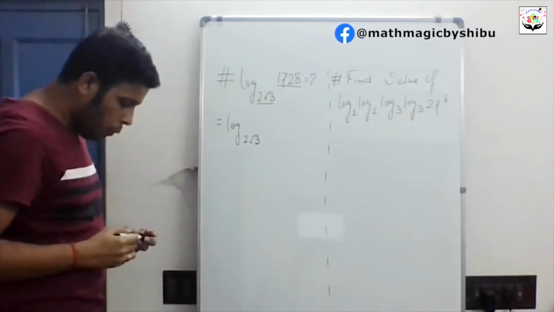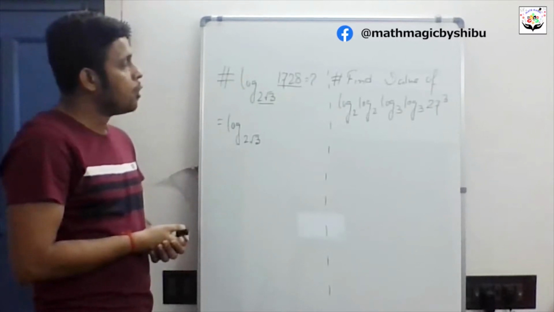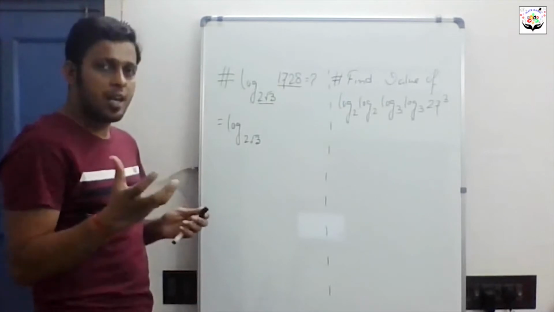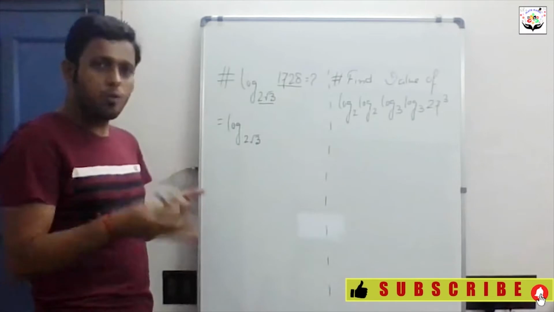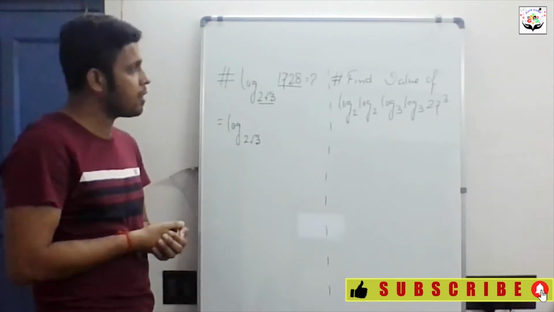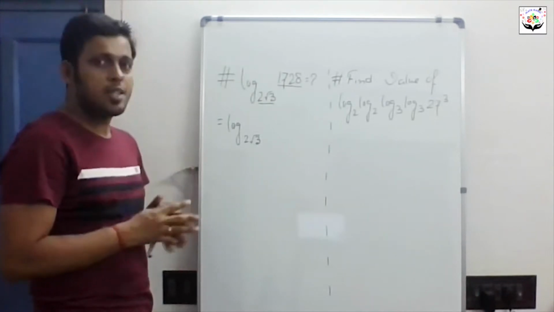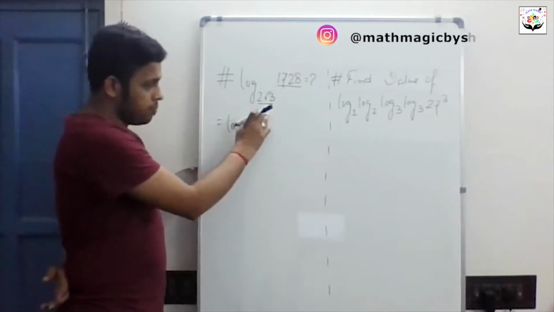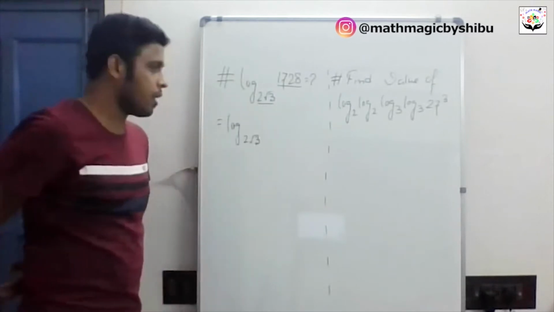Now, one thing you need to do is look at 1728 and understand whether this number is the square of something, or the cube of something, or to the power 4 of something or not. If you look at the base closely, it is 2 root 3.